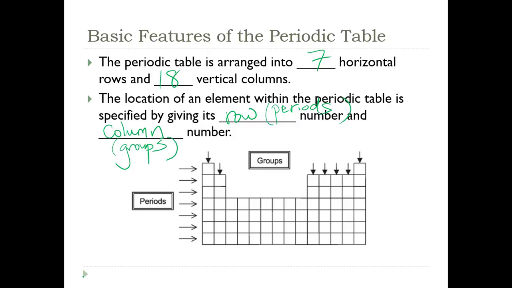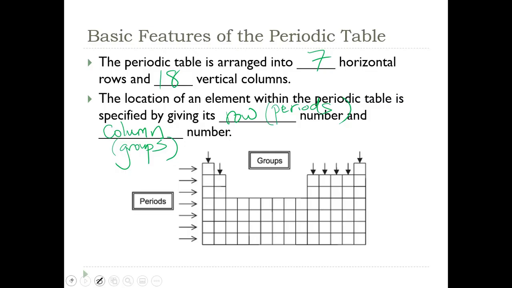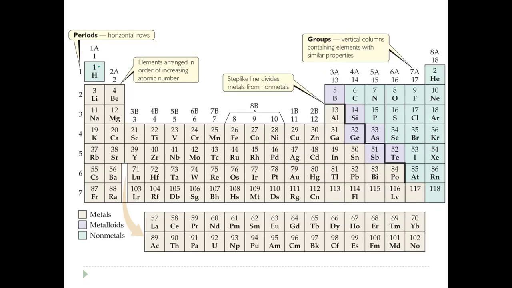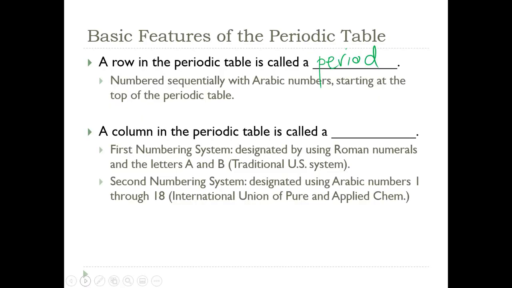So a row on the periodic table is called a period, and they are numbered sequentially with Arabic numbers starting at the top: 1, 2, 3, 4, 5, 6, 7. And a column is called a group or family.